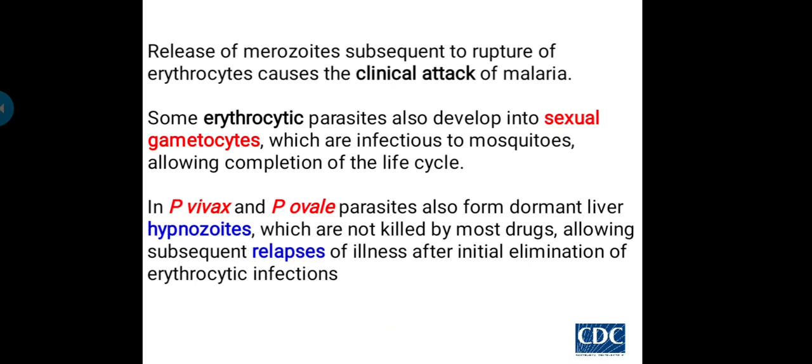Relapse means the patient is febrile, but after a few days clinical symptoms develop again, after initial elimination of the erythrocytic infection. So to achieve complete cure, we have to kill merozoites in the RBCs as well as hypnozoites in the liver, to prevent relapse. Otherwise, the patient will have recurrent symptoms.